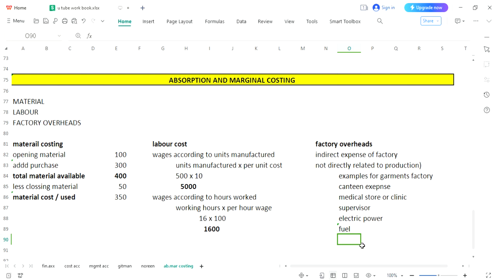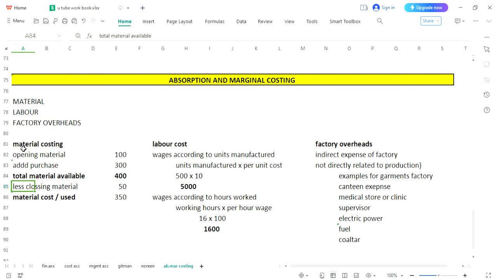So electric power, fuel, and let's say coal tar you have used. So these are expenses of indirect relationship of the factory. All these expenses would be considered as factory overhead. When you are saying costing, it means there are three major things associated in this chapter: material, labor, and FH.